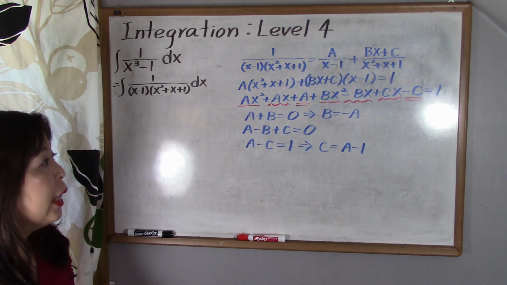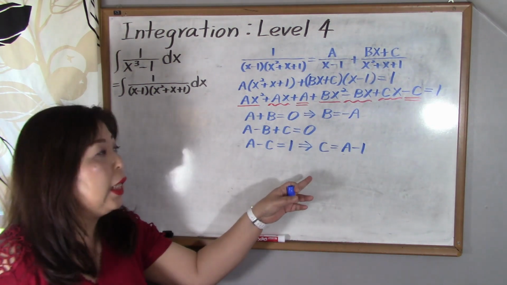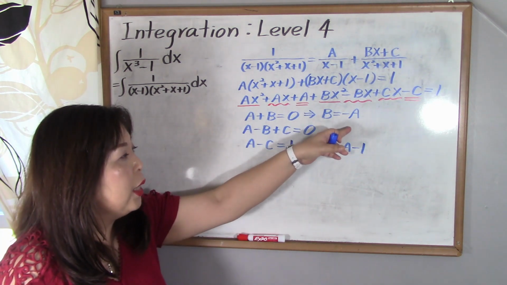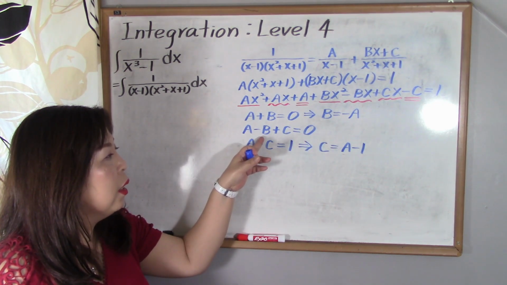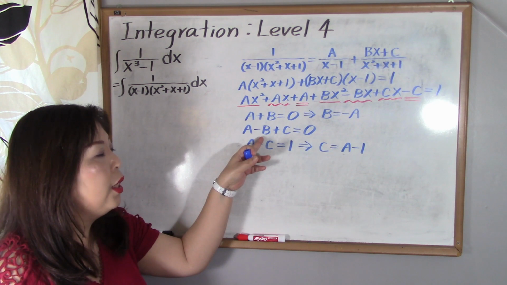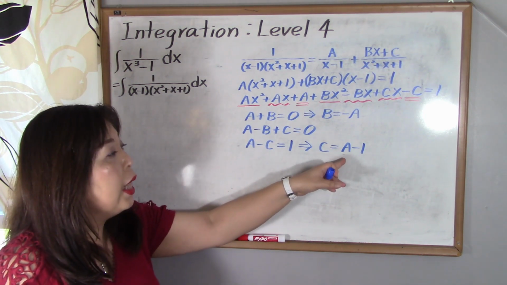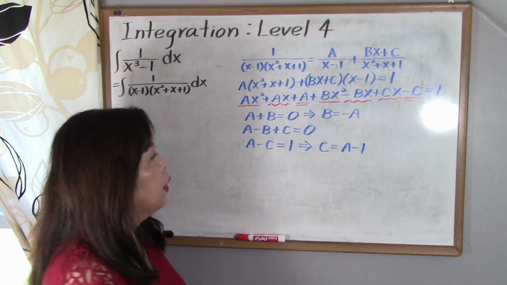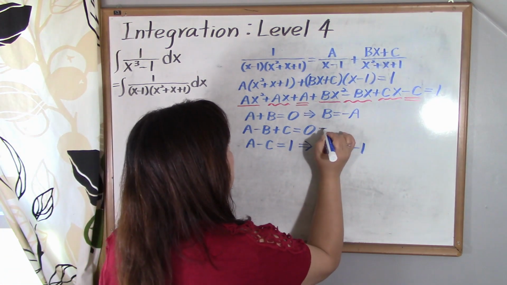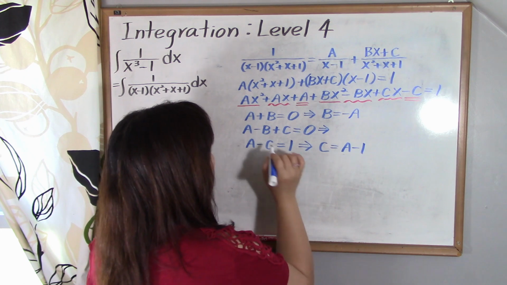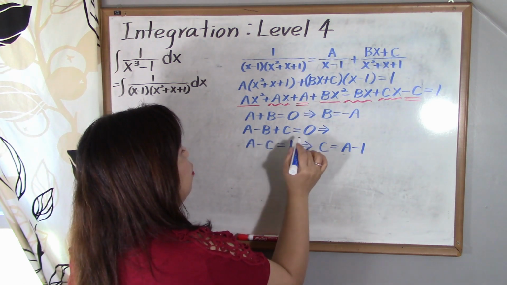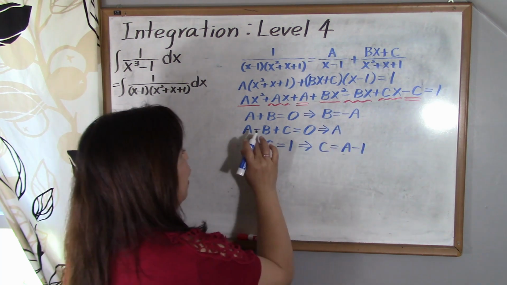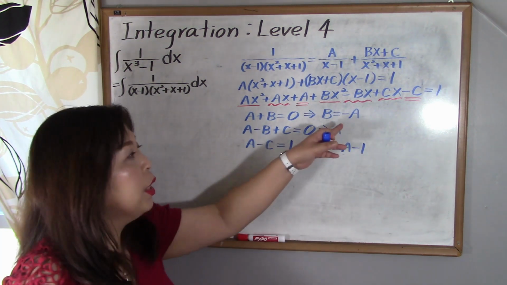Okay? And now we know b and c in terms of a, so we're going to plug negative a into b in the second equation, and then plug a minus 1 into c. Okay, so let's do. This is going to be a minus b plus c is equal to 0. So a is a. So minus b. B is actually negative a.